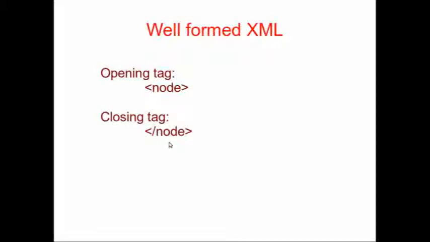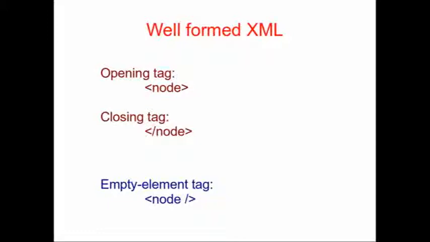You can also have empty element declarations where you have the opening less than sign, the tag name, and then the slash and the closing greater than sign. And it's important to put a space before that slash so that this becomes a standalone empty element tag.